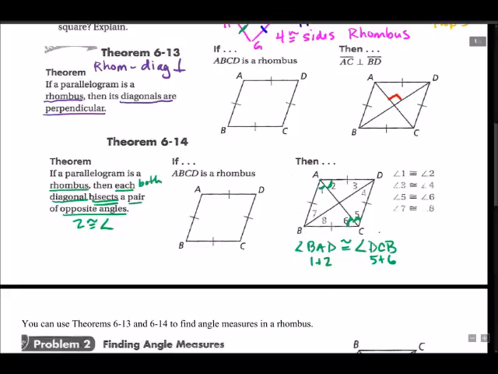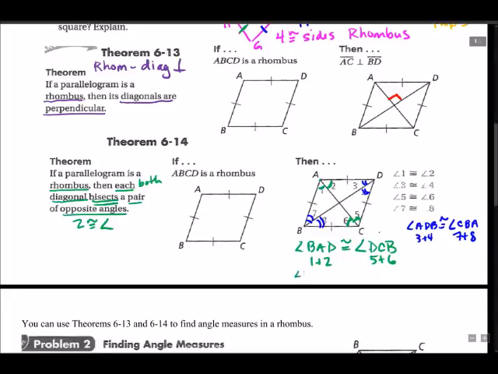And let's look at the other set here. I can say angle 3 is congruent to angle 4, right? Because we know that diagonal bisects that angle. But what else do I know? I know that angle ADB is congruent to angle CBA, which is 3 plus 4 and 7 plus 8. So by what we just did, we know that 7 and 8 are congruent, but we also know that 7 and 8 are congruent to 3 and 4.